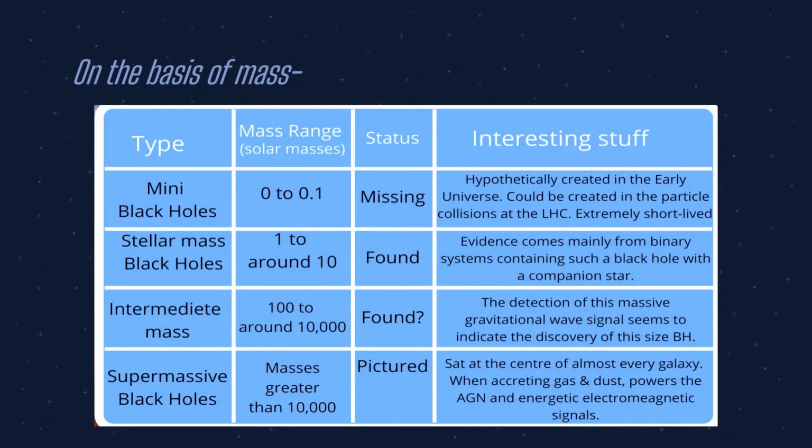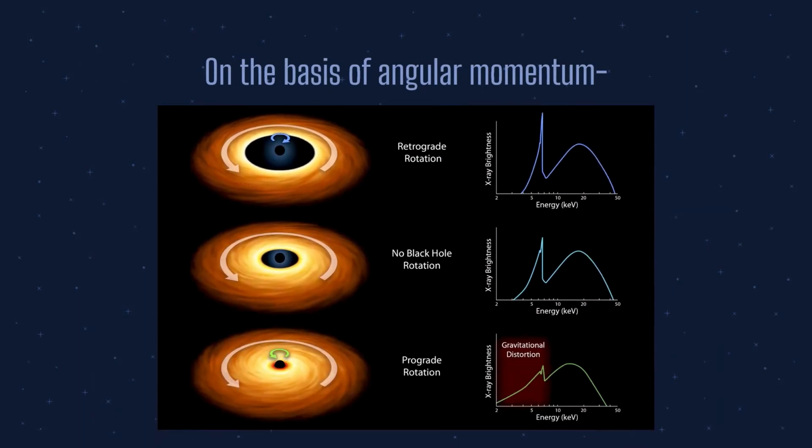On the basis of mass, it comprises primordial black holes, stellar mass black holes, intermediate black holes, and supermassive black holes. On the basis of angular momentum, it comprises rotating black holes and non-rotating black holes.